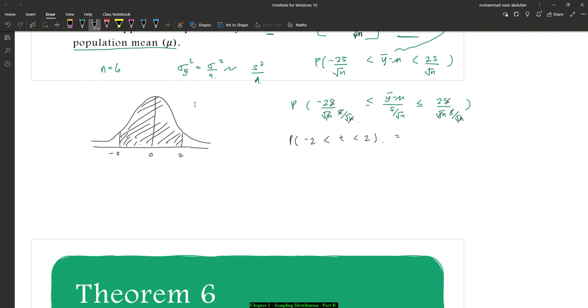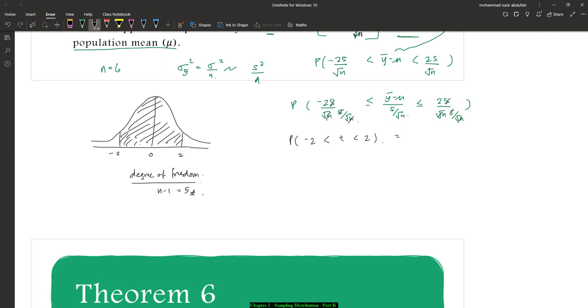Let me open it. But we need to know the degree of freedom. What is the degree of freedom? Degree of freedom for t distribution is n minus 1 based on theorem number 5. So n minus 1 is equal to 5. Right, so 5.